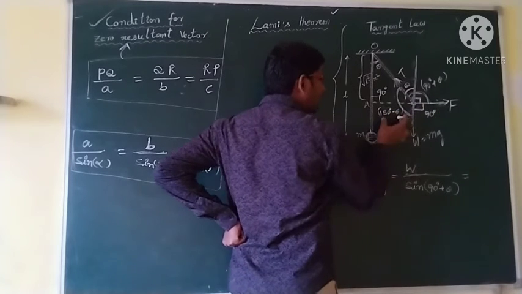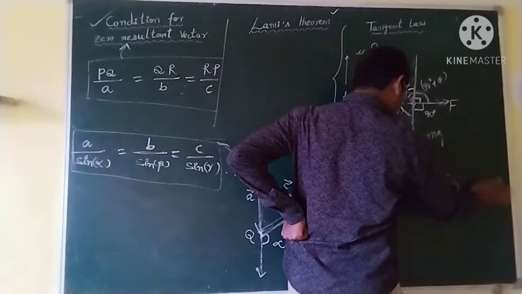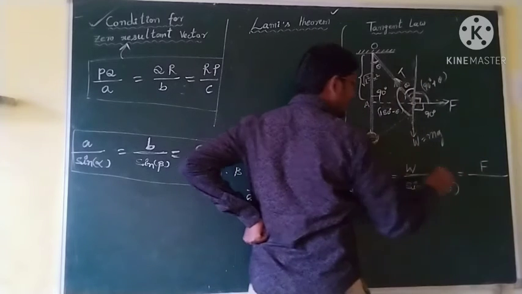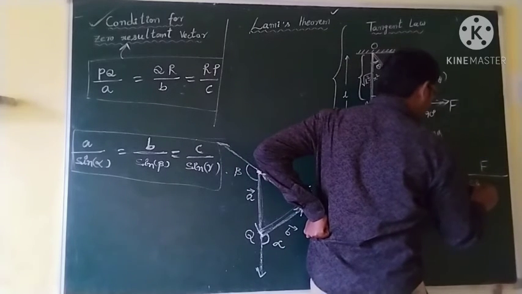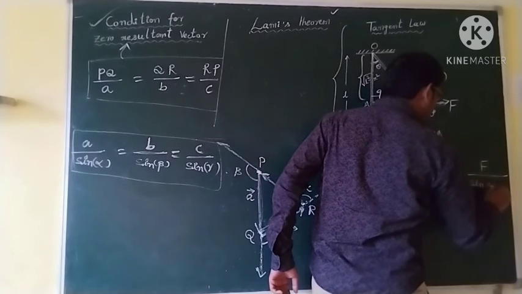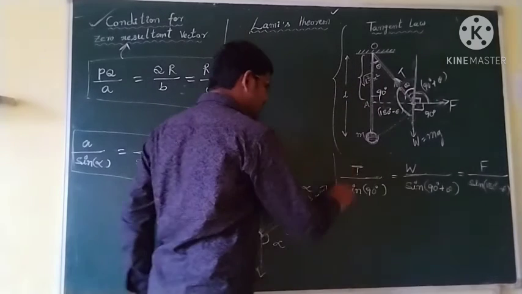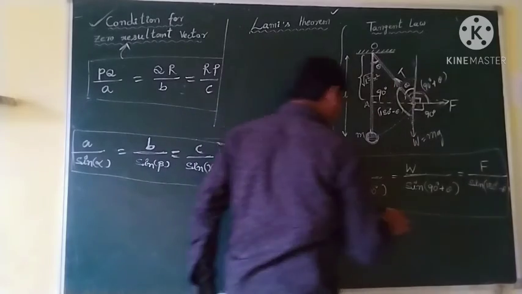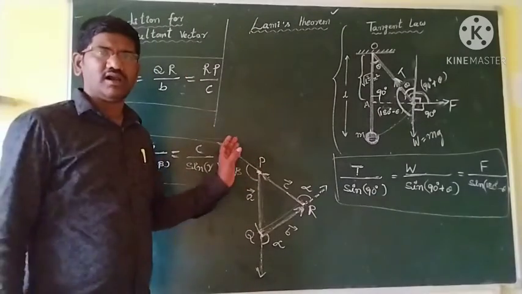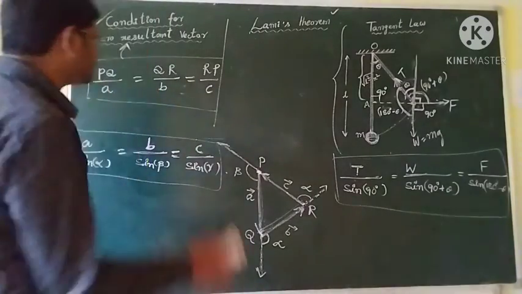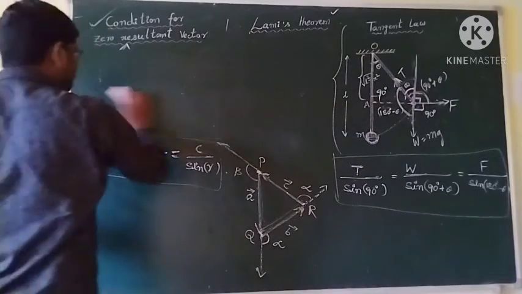Then F by sine 180 degrees minus theta is equal to a constant. All are conditions for equilibrium only. That's the formula I have written there.